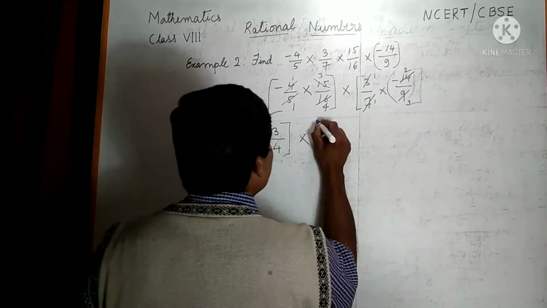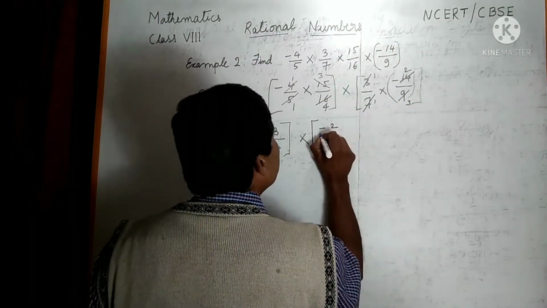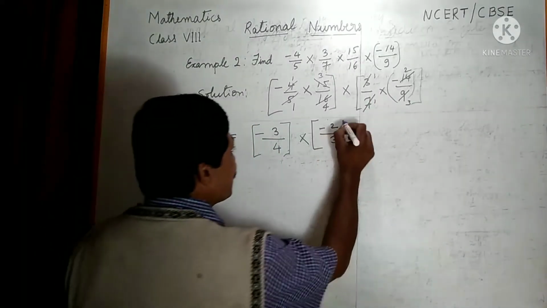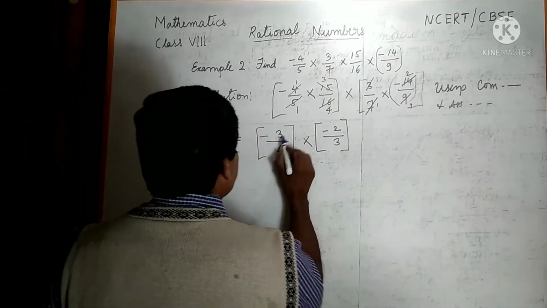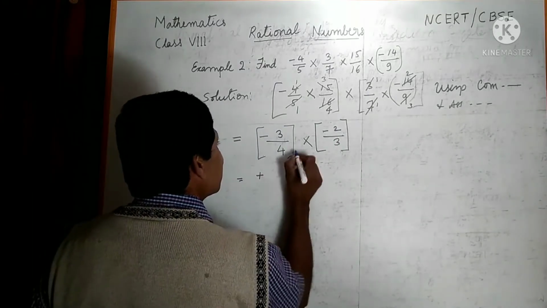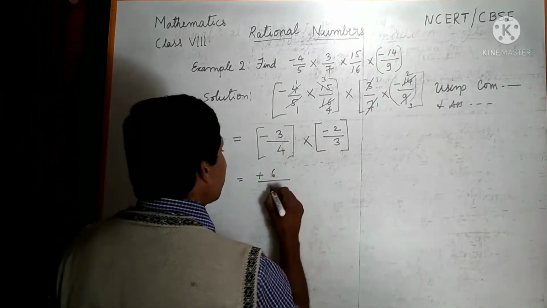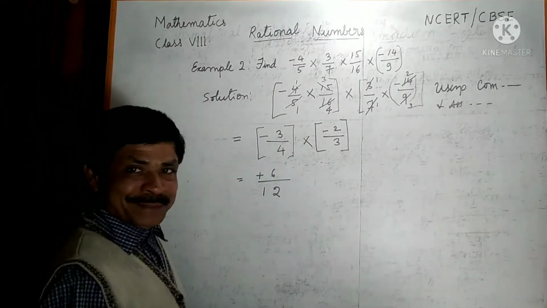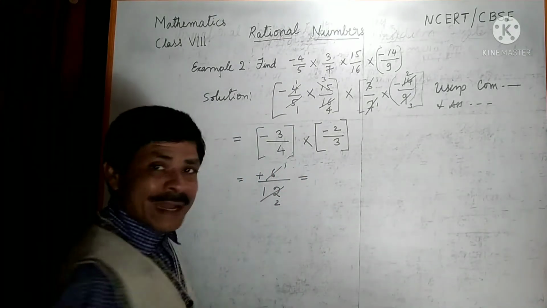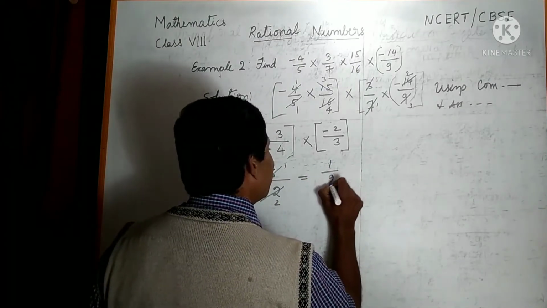So this into minus 2 divided by 3. So minus 3 into minus 2 is equal to plus 6 and 4 3s are 12. This is equal to 6 1s are 6, 6 2s are 12. So your answer is 1 divided by 2.